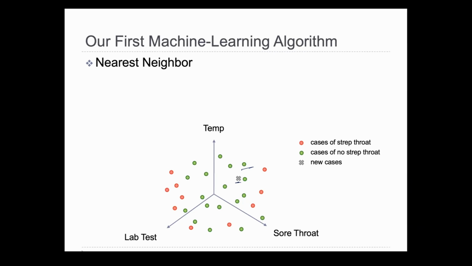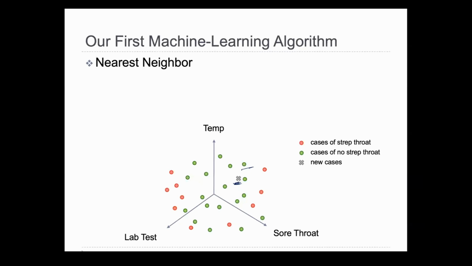So the nearest neighbor algorithm, what does it do? For unseen data points, it calculates the distance with the existing data points. We have these green and red existing data points. And when we are given this new case, it has some value for temperature, sore throat, and lab test. Using those values, suppose this is its location in this space.